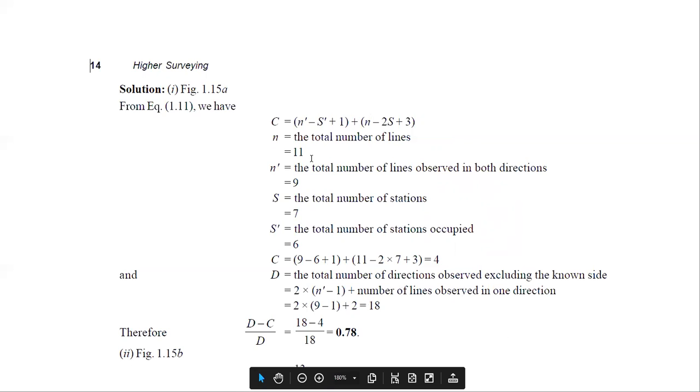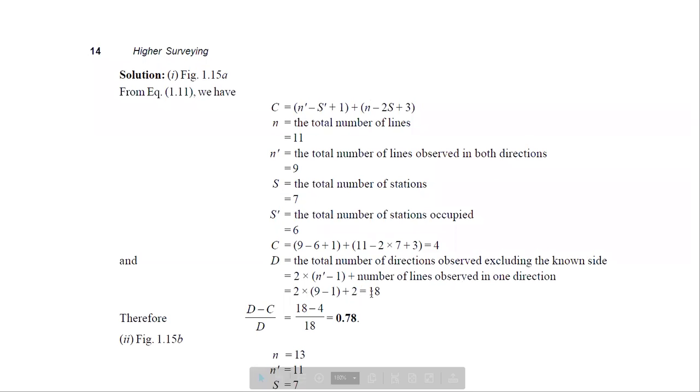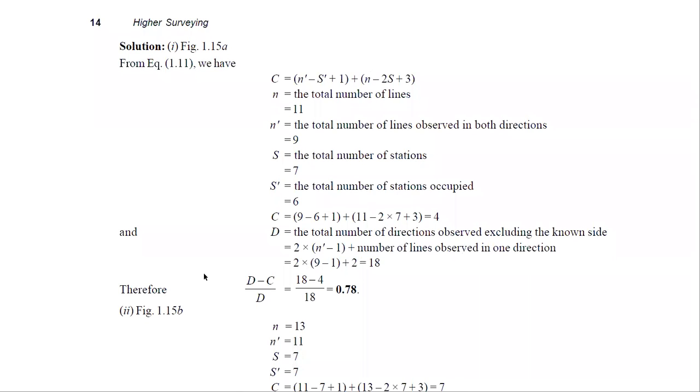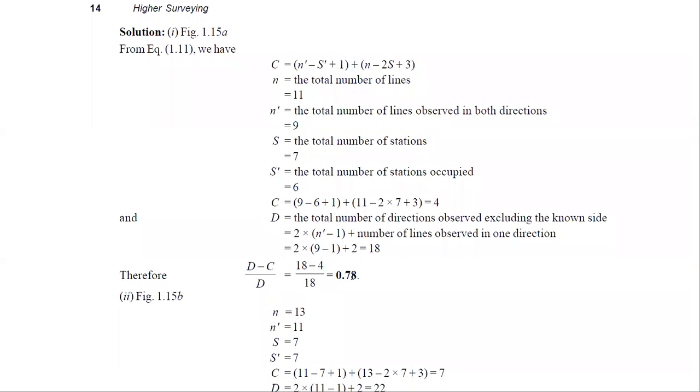Only 2, because of 11 lines total, only 2 lines have been observed in a single direction, the rest are observed in both directions. So that is 9, and the singly observed direction lines are 2. So this will become 18. Now we can easily find D minus C divided by D, that is 18 minus 4 divided by 18, that will become 0.78.